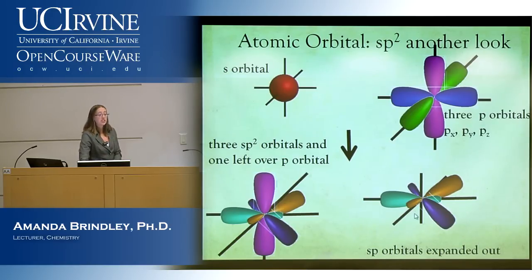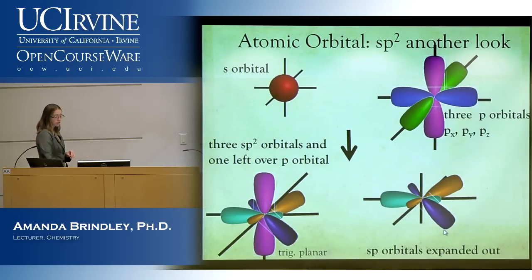So you'll notice these are a little bit more p orbital-like than s orbital-like. We still have this sort of double lobe system, but they're a little bit more like a p. And now we're getting a little bit different geometry too, right? Now we have this sort of geometry where they're one this direction, one that direction, and one that direction. So we get a trigonal planar geometry.